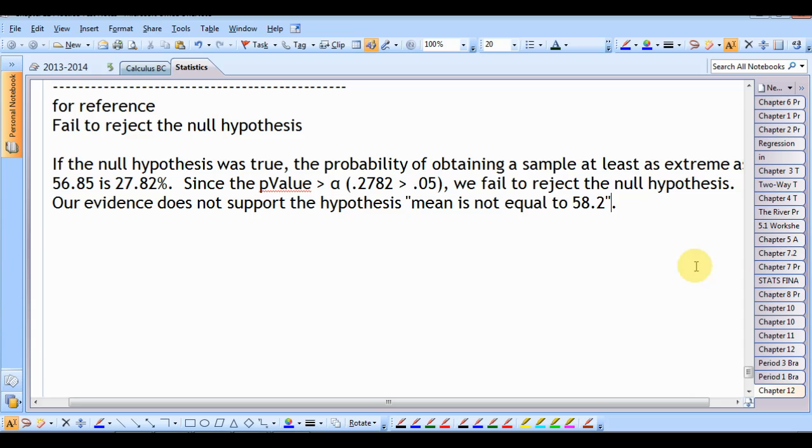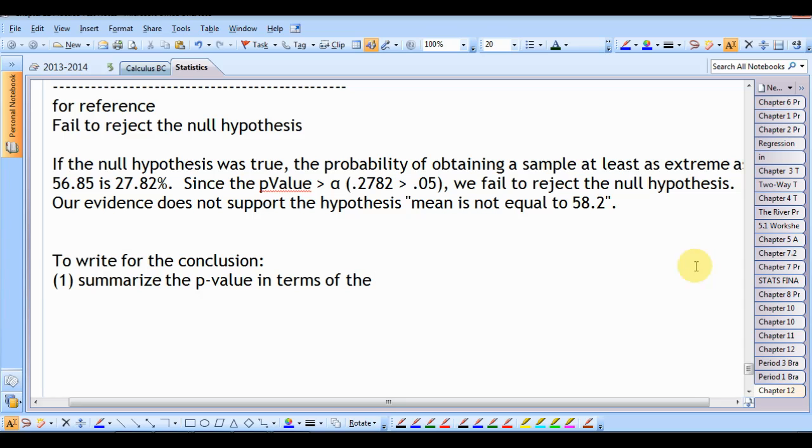We're going to go to the things to write for the conclusion. Okay. Number one, you have to summarize the p-value in terms of the sampling distribution.